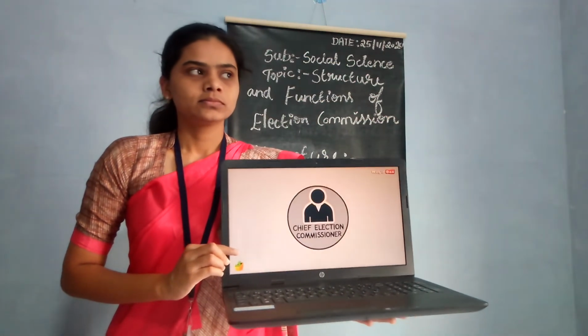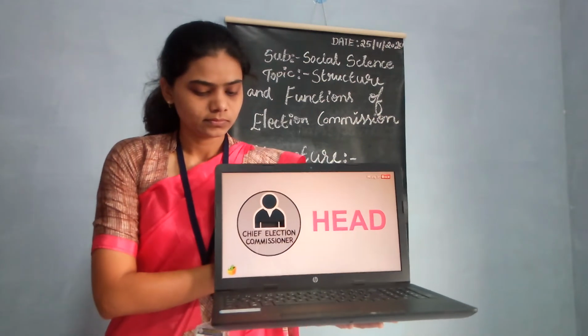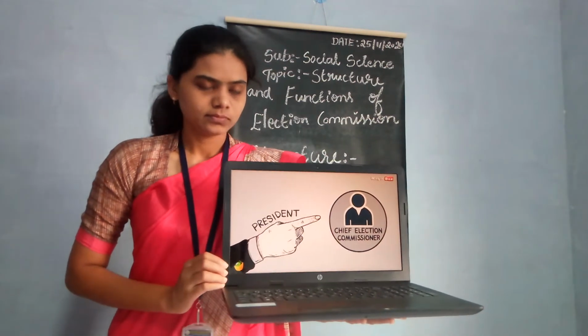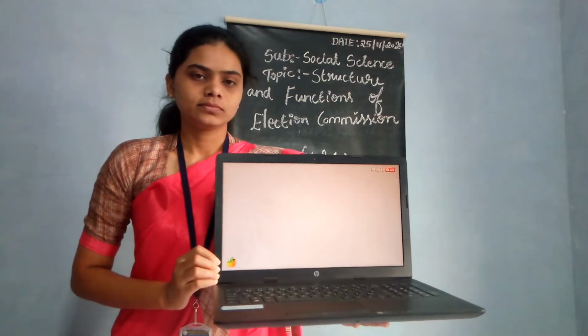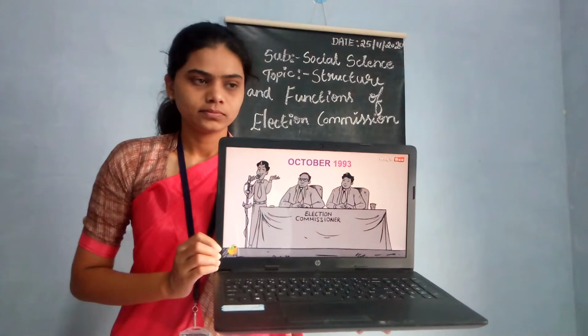The Chief Election Commissioner is the head of the Election Commission of India, and he or she is appointed by the President of India. From October 1993, two more election commissioners were also appointed. They have the same power and status as the Chief Election Commissioner. The decision of the Commission can be challenged in the High Court and Supreme Court of India by appropriate petitions.